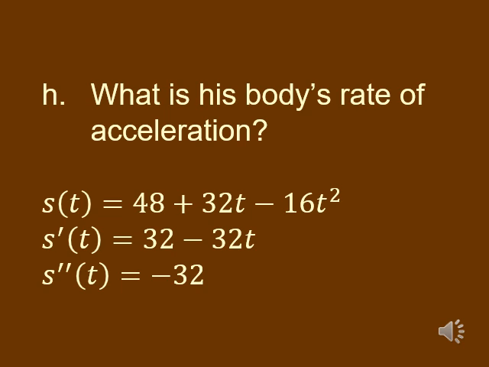And what does that actually mean? Well, it means that each second I'm going downward at a speed that's 32 feet per second more than it was a second before. So the important part is -32 is the answer, but if you did label it again, it would be feet per second squared.